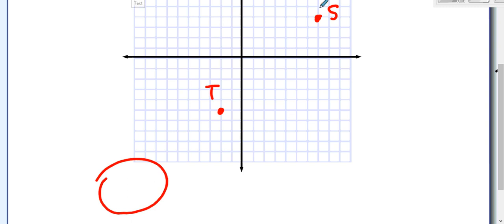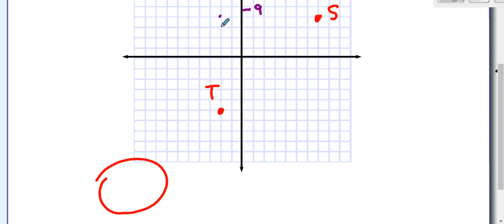So to get from S to T, I think of it kind of like a slope, or like a vector, better yet. To get from S to T, we're going to go 1, 2, 3, 4, 5, 6, 7, 8, 9 to the left.